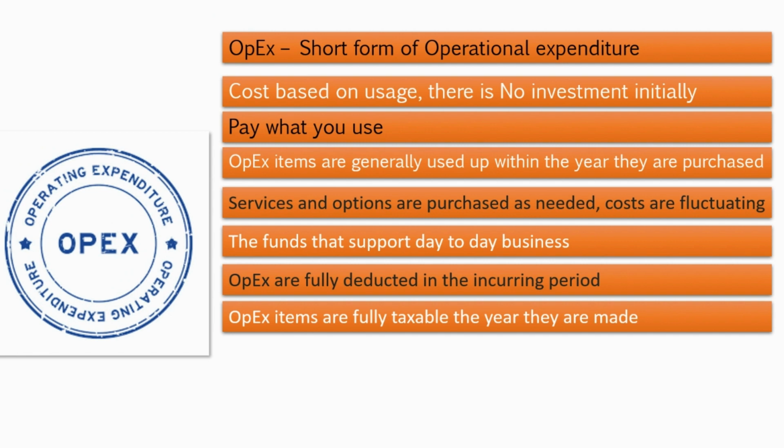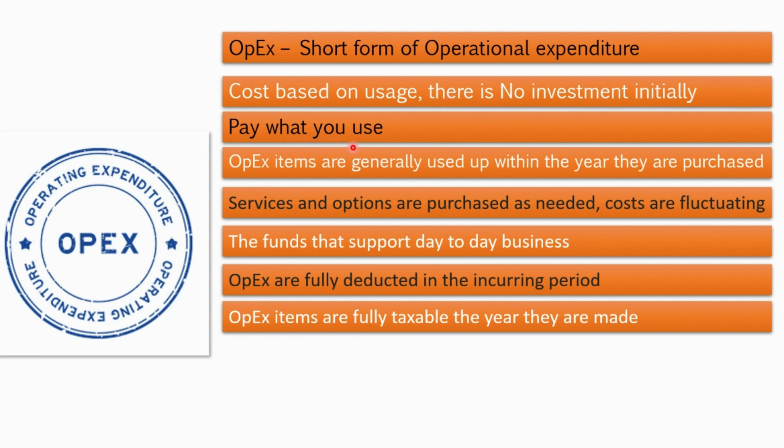Say, for example, unlike CapEx, there is no need to invest heavily on acquiring any of the product. You can buy anything with a little bit of investment, or based upon the usage you acquire something. That all comes under OpEx.